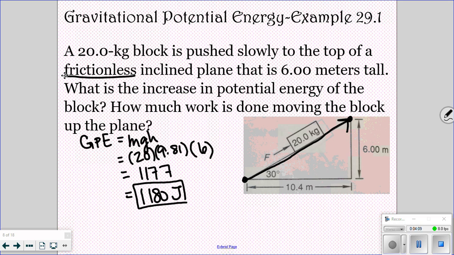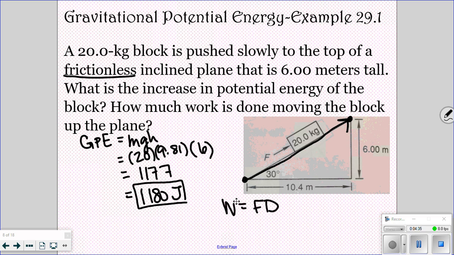So that means that there's no energy loss to friction on this problem. So all of the work done must also equal 1,180. And I'll show you how you can get that.